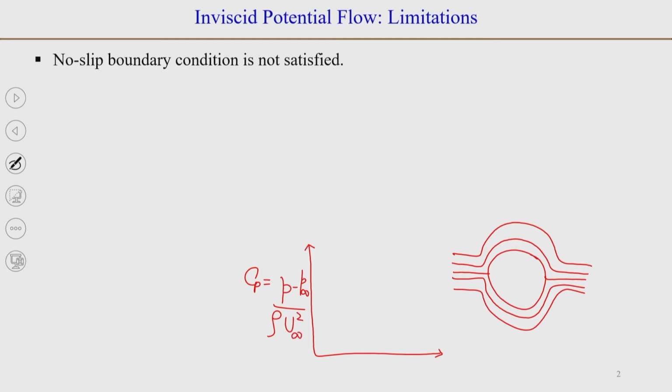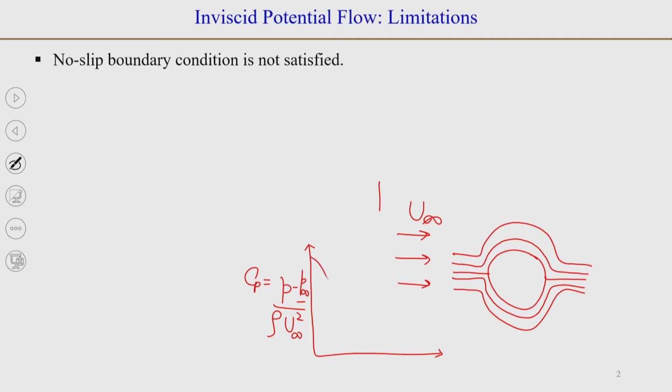So, u infinity refers to the free stream velocity, and P infinity is the free stream pressure far away from the body. So, it might be the pressure at infinity, where the effect of the body is not there.